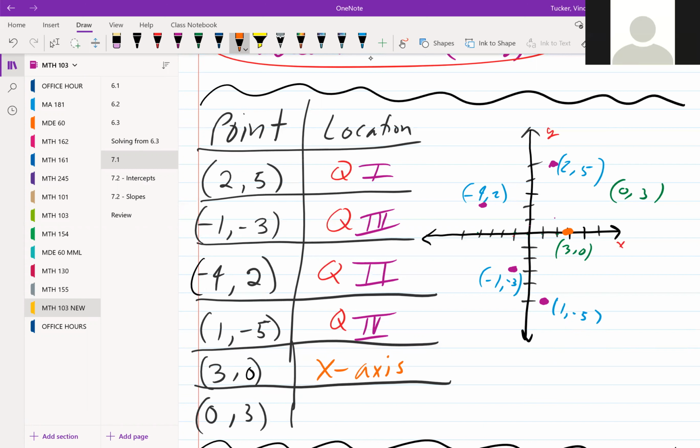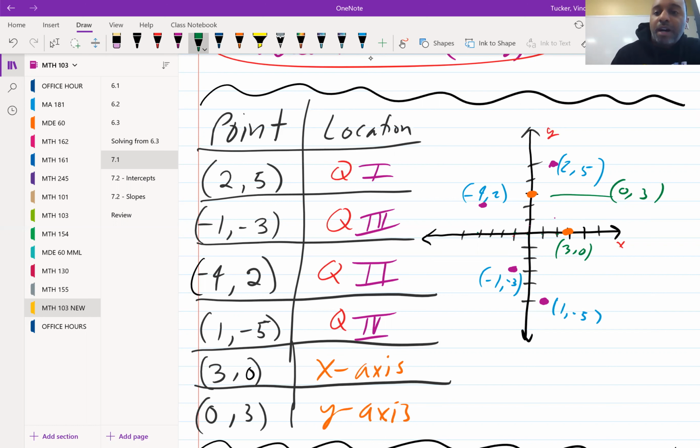It's placed all the way over there, that's why I was confused. Because the way I had it before, I had something else right here, and so I moved it down. I was just going to draw an arrow to it. Like she was mentioning, you don't move anywhere for this last one, 0, 3. You don't move anywhere for x, but you go up 3, and so that's going to be on your y-axis.